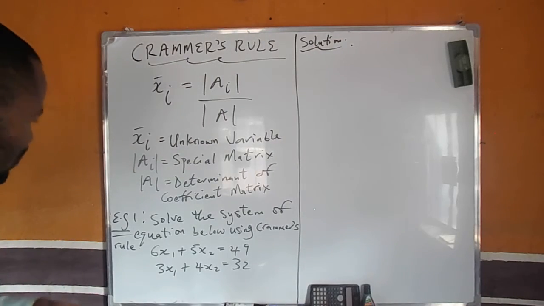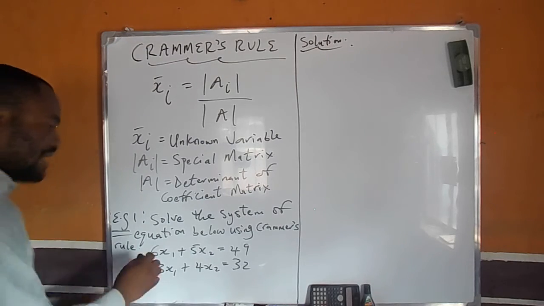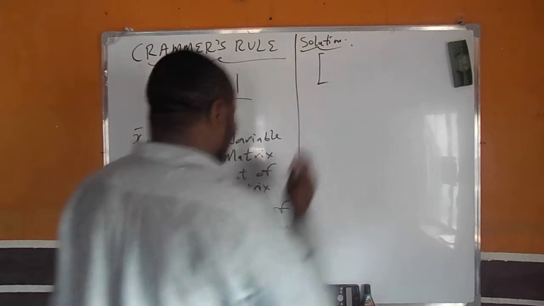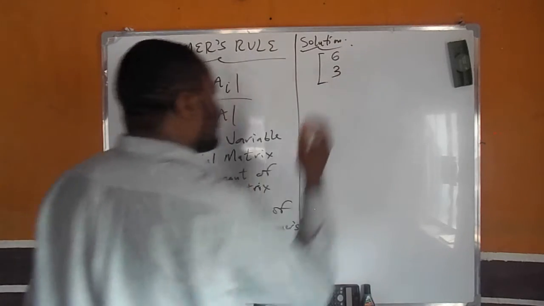The first thing is to determine the determinant of the coefficient matrix, which gives us 6 here, then we have 3 here. So we have 6, 3.